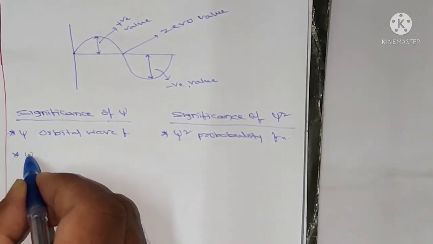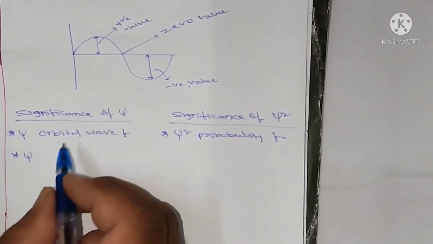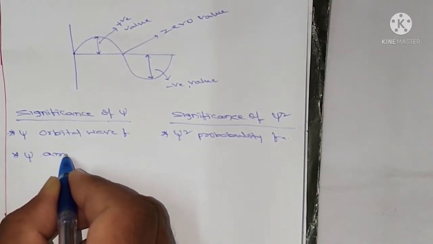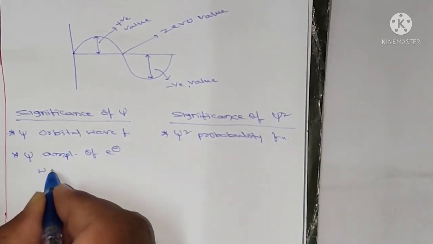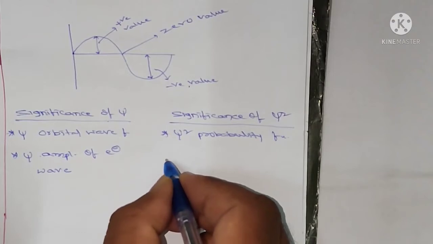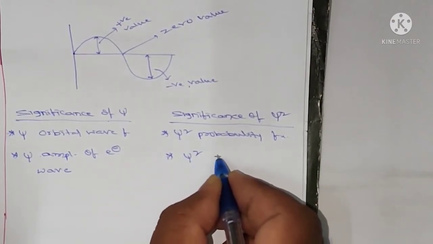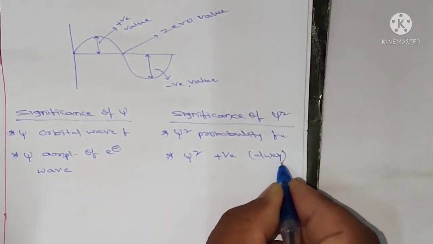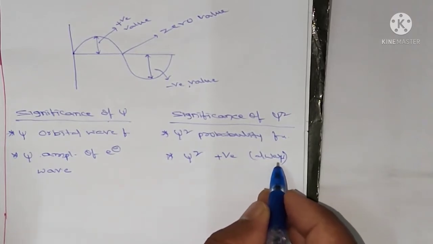And psi gives the amplitude of electron wave. And psi square is always positive.